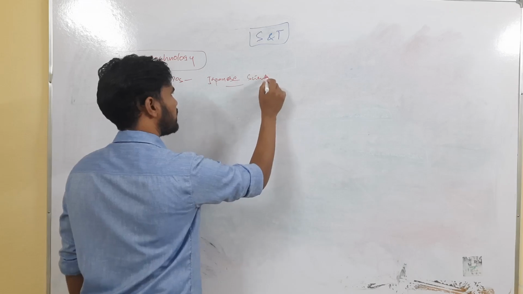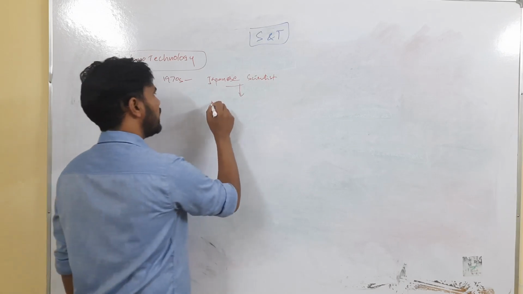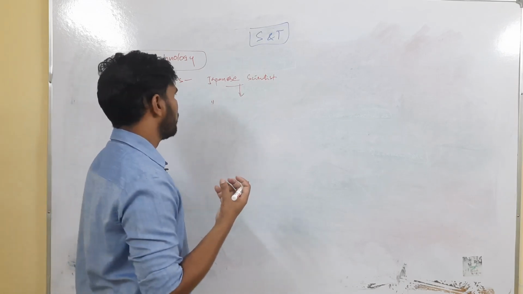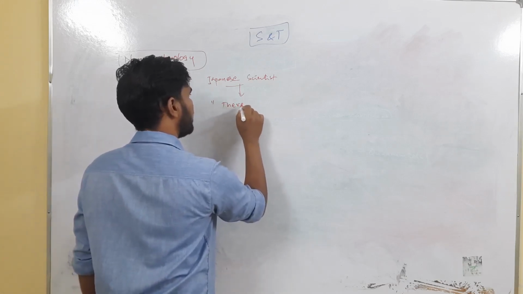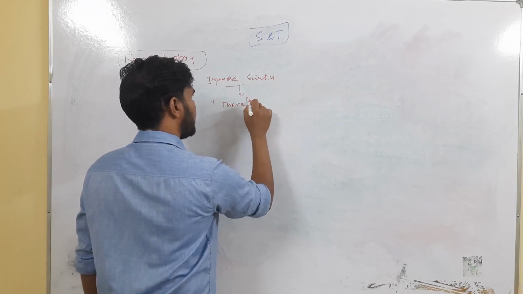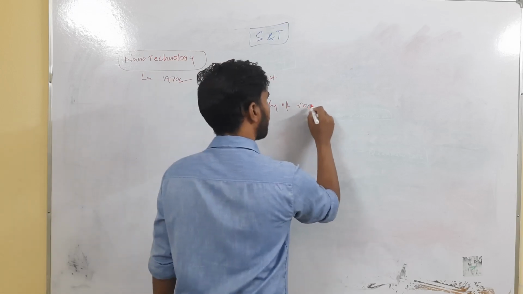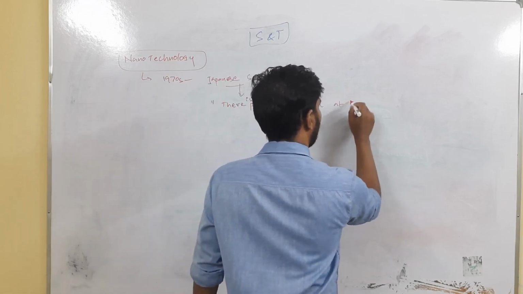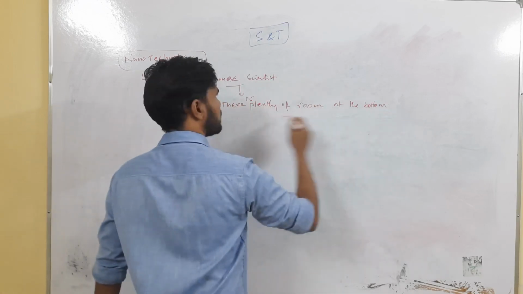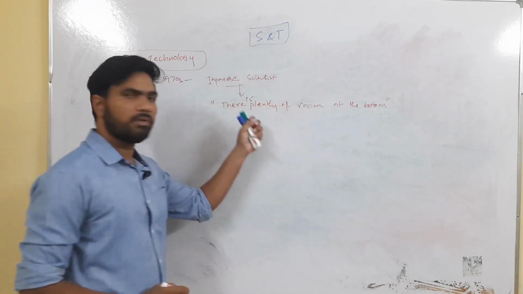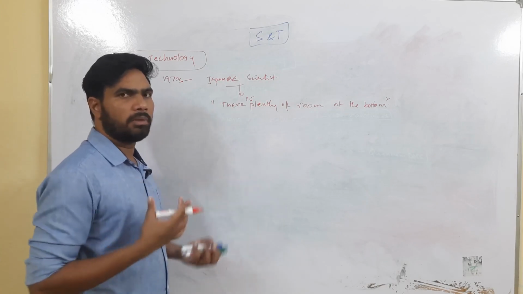He published a paper in which he famously gave this phrase: "There is plenty of room at the bottom." The significance of this phrase we will understand once we understand the concept of nanotechnology.